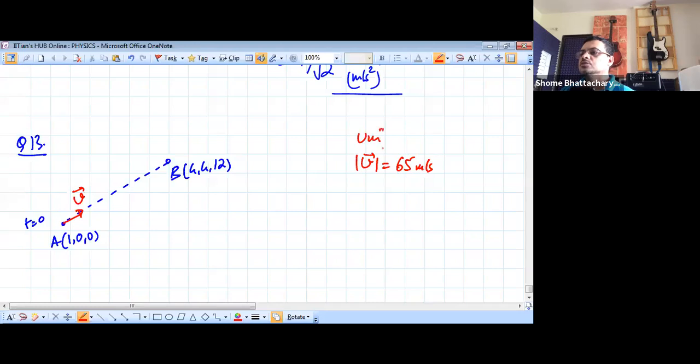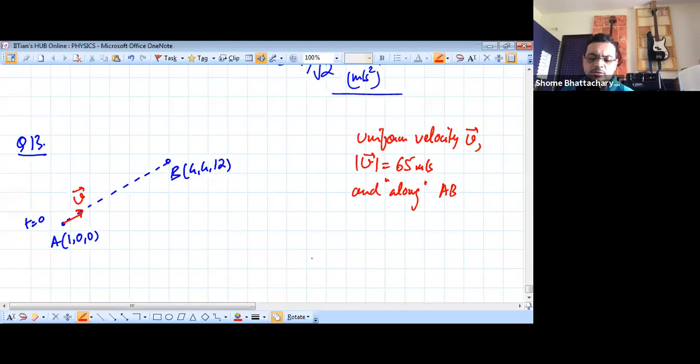So it's moving at uniform velocity v, such that the magnitude of that velocity is okay, and it is along AB.